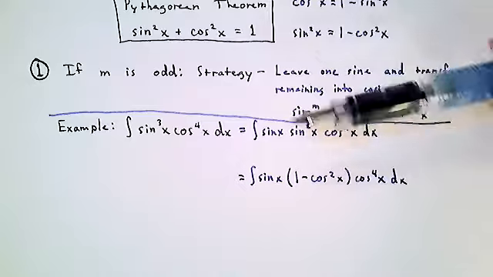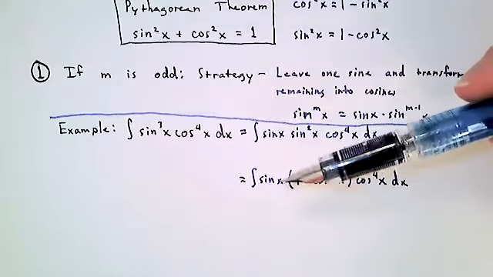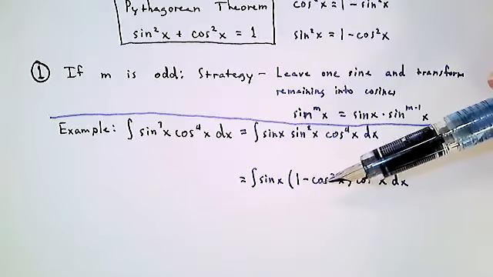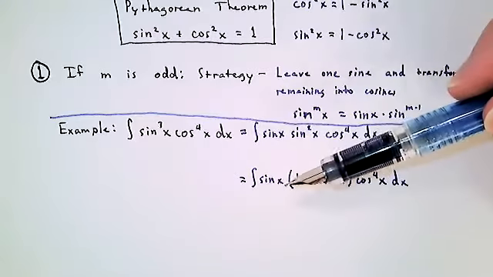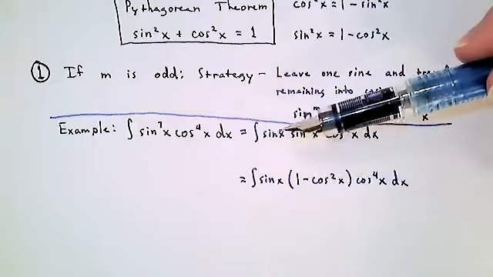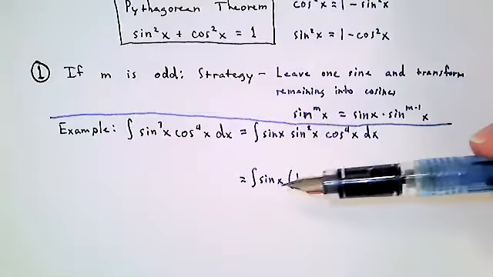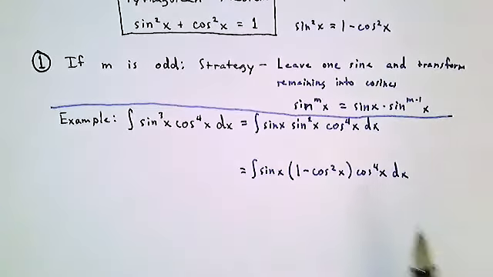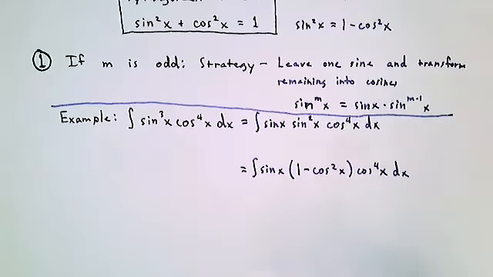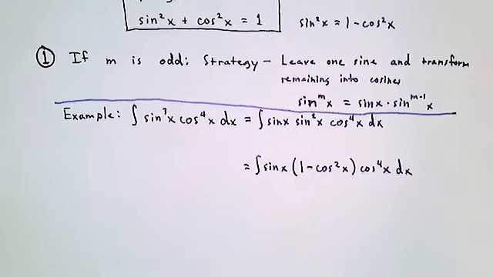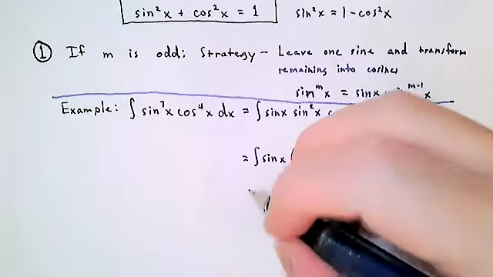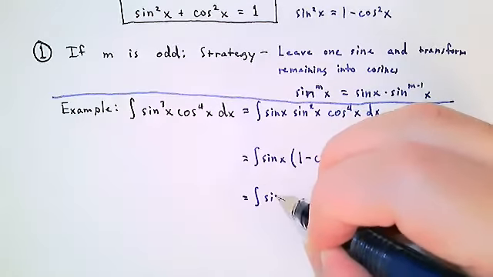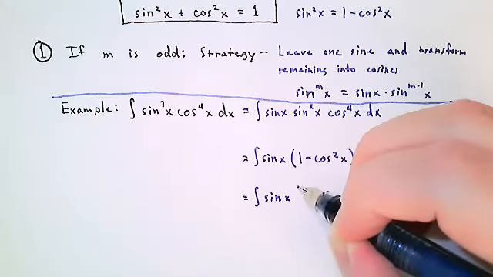So the trick here, the idea behind our strategy, is that eventually we're going to do a u substitution where u equals cosine, and then du is going to be sine. So we've left one sine behind in order to become our du a little bit later on. But in order to get there, we'll have to first distribute here. So just multiply out, leaving the sine alone, because it's our du, like I said, in a few minutes.